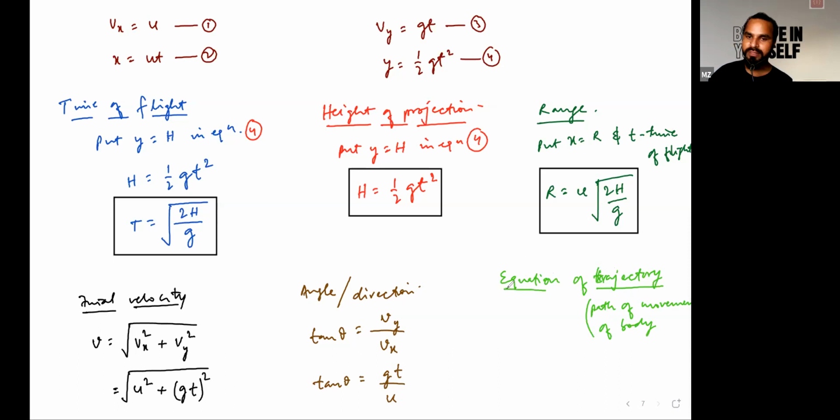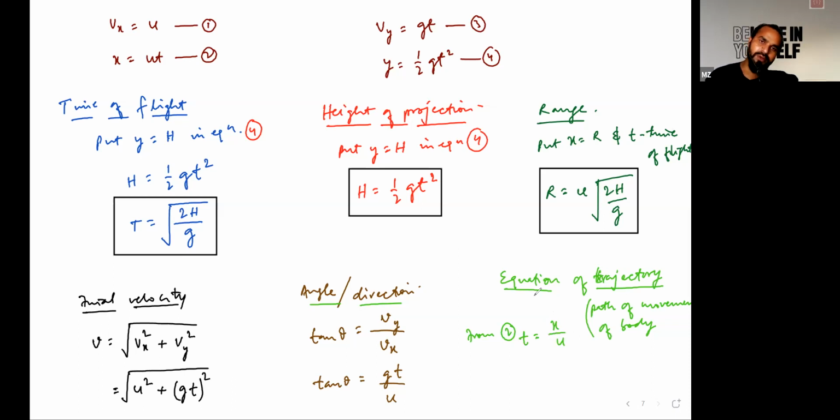For this, we have to define the relationship between x and y. Just see, in equation 2 there is x, and in equation 4 there is y. We have to somehow simplify this in terms of x and y only. So if I obtain a relation of t from equation 2 and put it in the value of t in equation 4: from equation 2, t is equal to x divided by u.